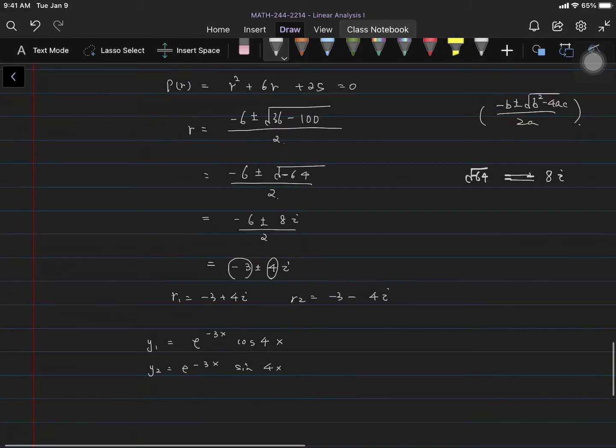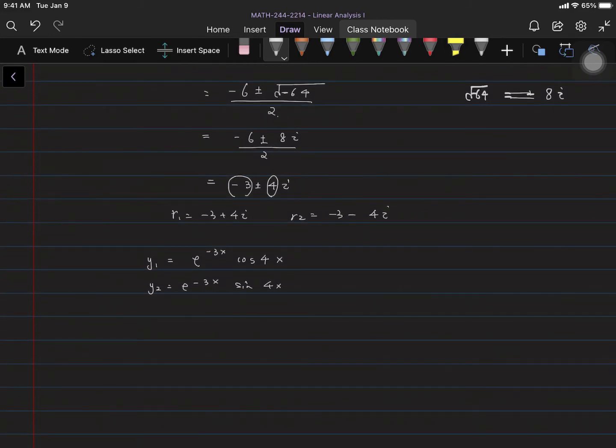Those are the two solutions. And what's the general solution then? The general solution is y equals c1 e^(-3x) cos(4x) plus c2 e^(-3x) sin(4x), just a linear combination, like this.